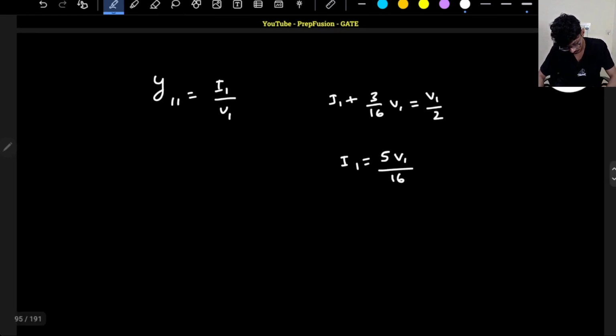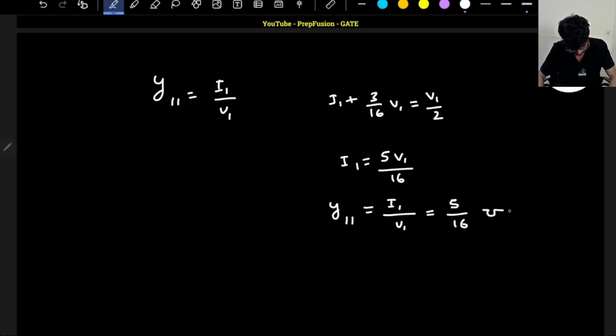So my Y11 equals I1 divided by V1 equals 5 divided by 16.